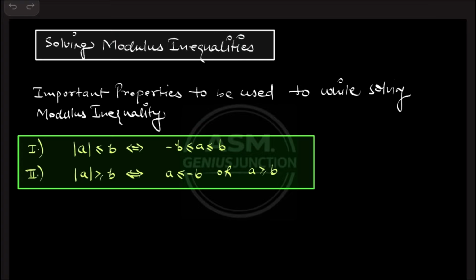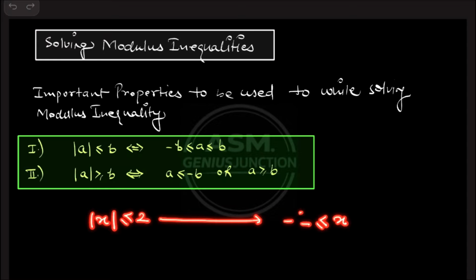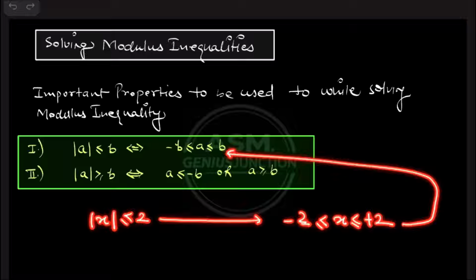For example, if I write mod of x is less than or equal to 2, then it means that x lies between -2 and +2. This is your property number 1.